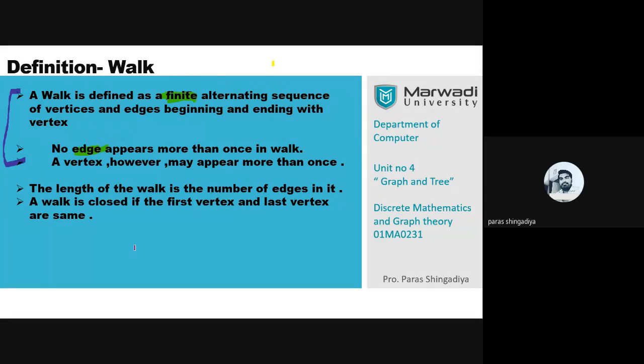It means you start your journey from Rajkot city, visit Jamnagar, then Morbi, Ahmedabad, then again reach back to Rajkot city. Then it is called a closed walk. So starting and ending are the same.